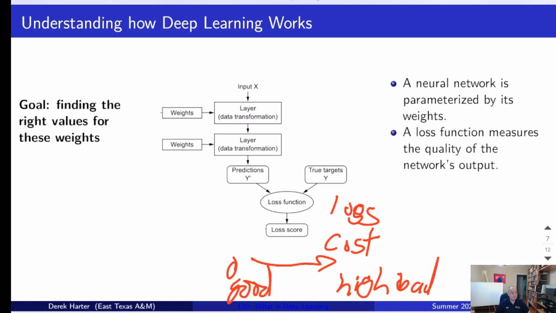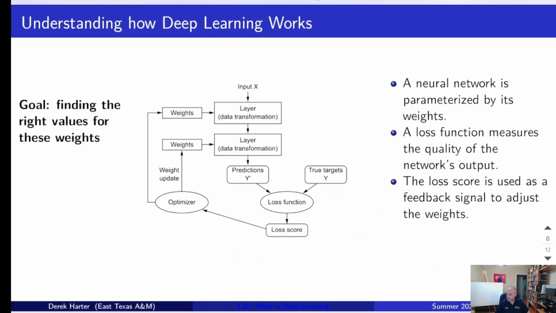So once you have this kind of a loss function, it takes the predictions of the network and the true targets for supervised learning, and it computes this distance score, or loss score, which captures how well the network has done on a particular input.